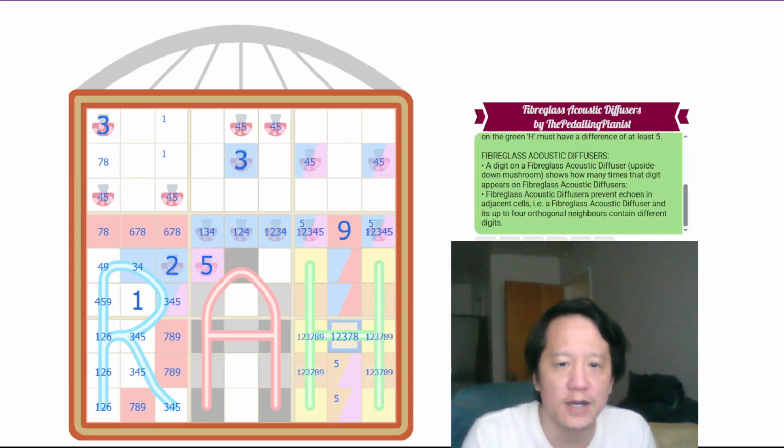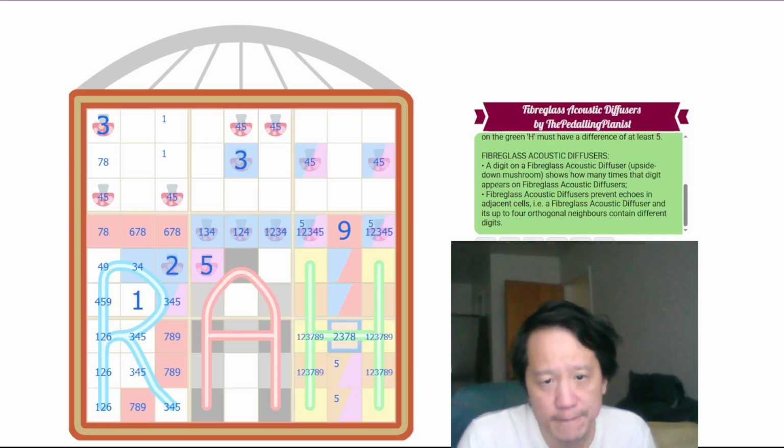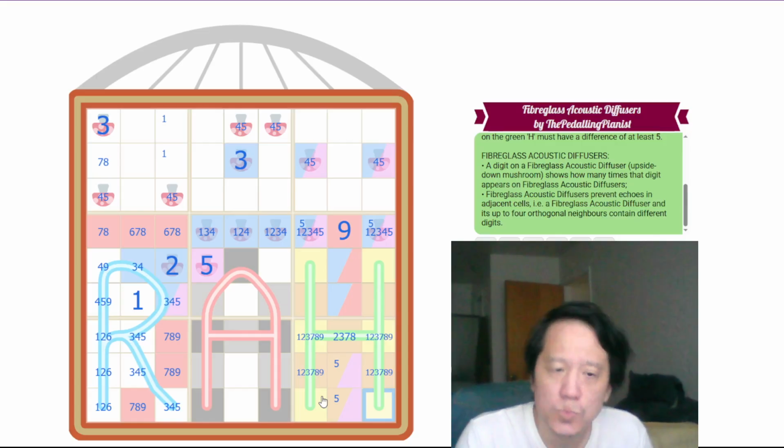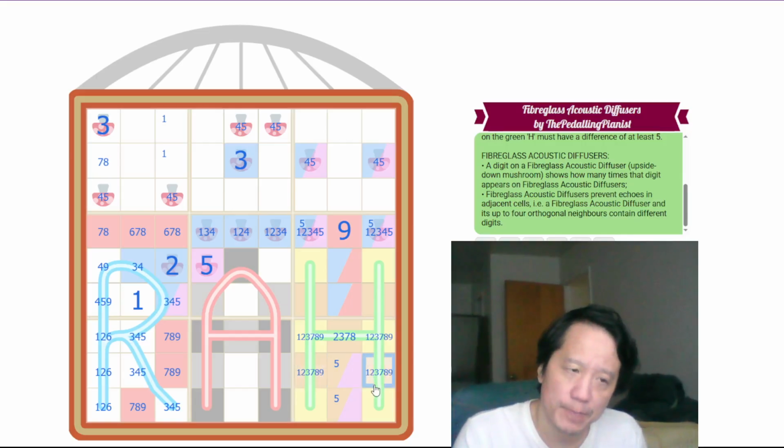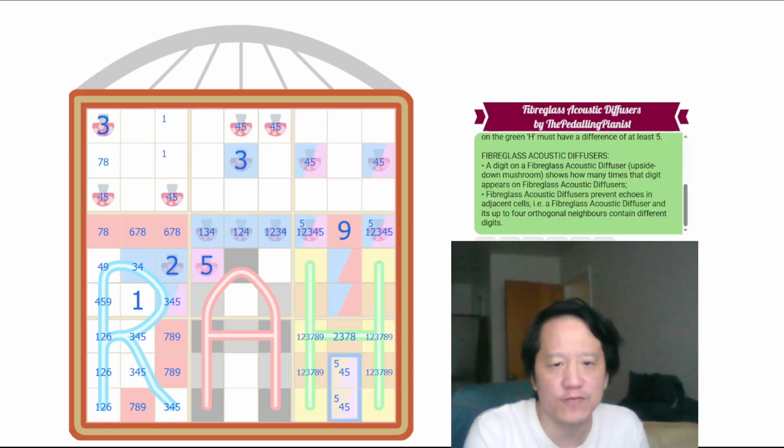So this cannot be 1 or 9, period. So we have to have 1 or 9 is guaranteed to be one of these two digits here. The other 1 or 9 must be in one of these sets here. So this has to be 5 with 4 or 6 here, guaranteed.